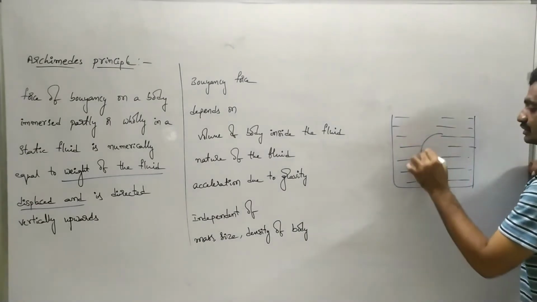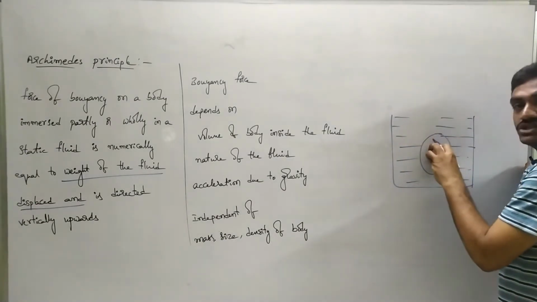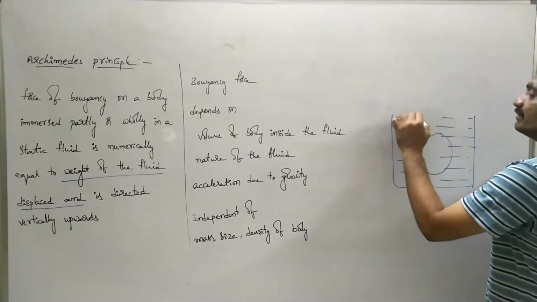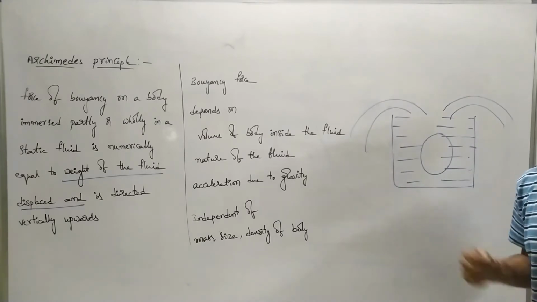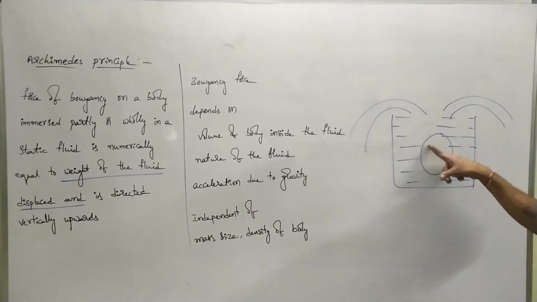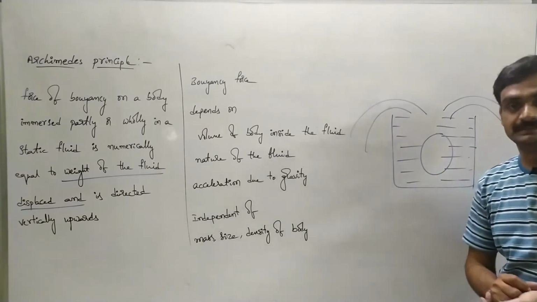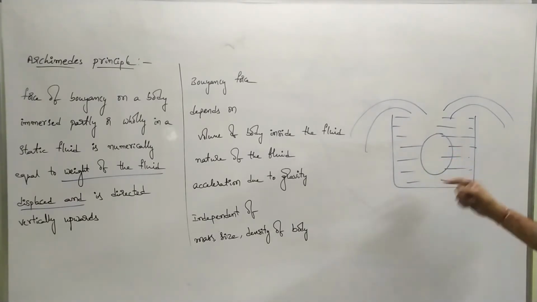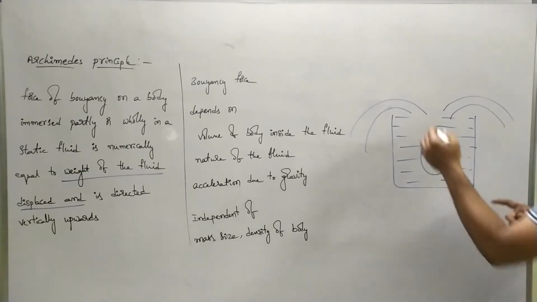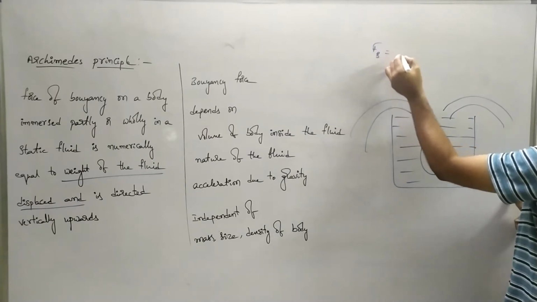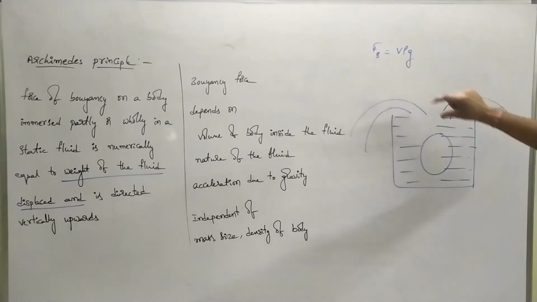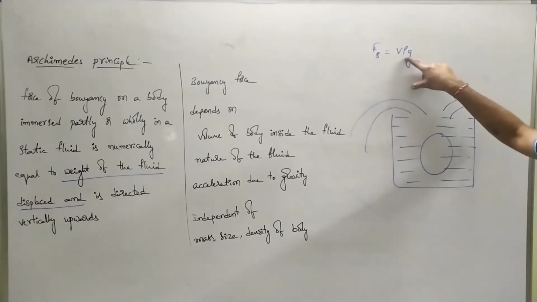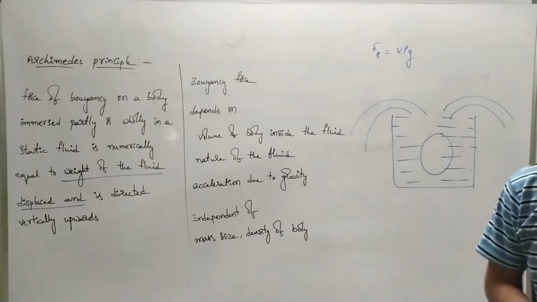When I place a stone like this, the weight of the stone is equal to the fluid which has flown away from this container. Here the weight of this body is considered as mg, and this is represented based on the upthrust, nothing but the buoyancy force. We know that buoyancy force is equal to V rho g, where V is the volume of the body within the fluid, rho is the density of the fluid, and g is acceleration due to gravity.